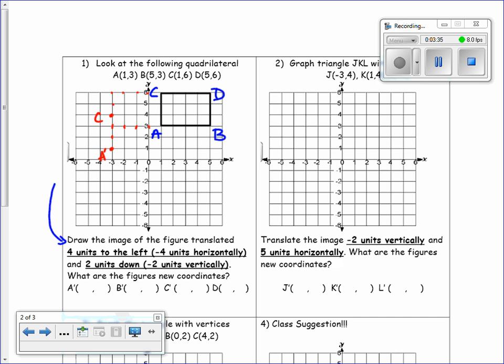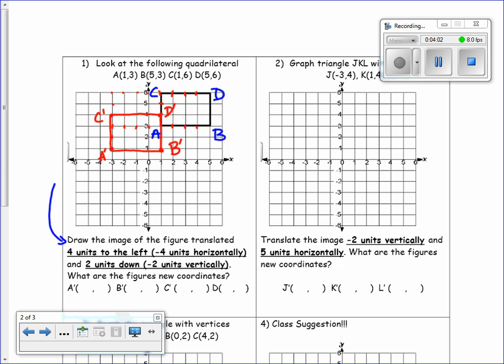That's my new C prime. D, 1, 2, 3, 4, and down 2. That's my new D prime. And B, 1, 2, 3, 4, and down 2. That's my new B prime. So my new image ABCD, it's the exact same shape, exact same size, has been translated.